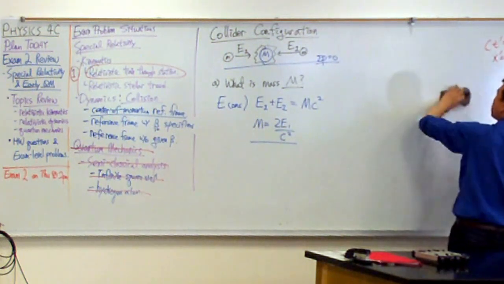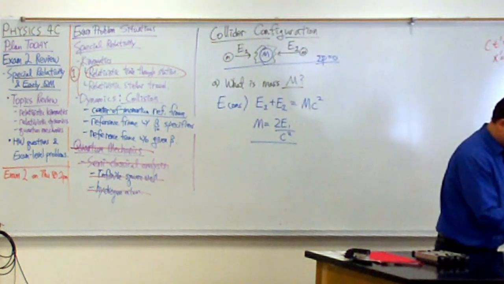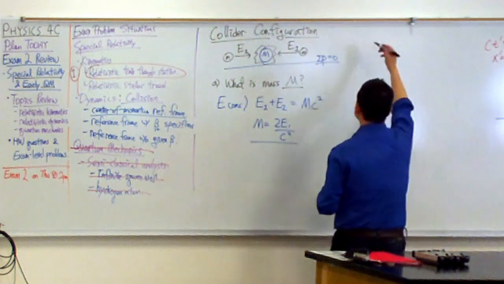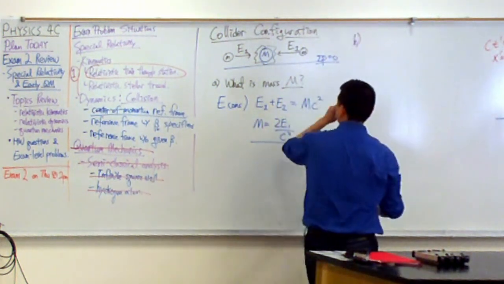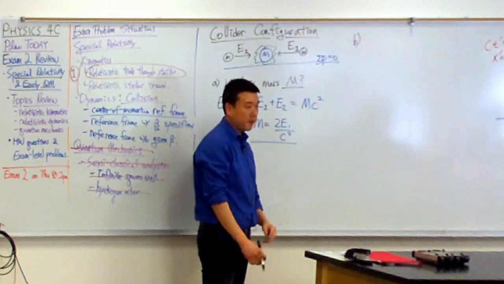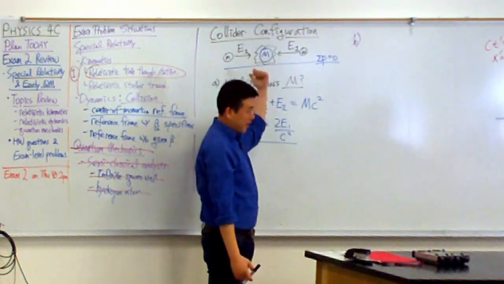So let's say we want to arrange this in such a way, for part B. Let's say these energies E1 were the maximum possible energy in this collider.